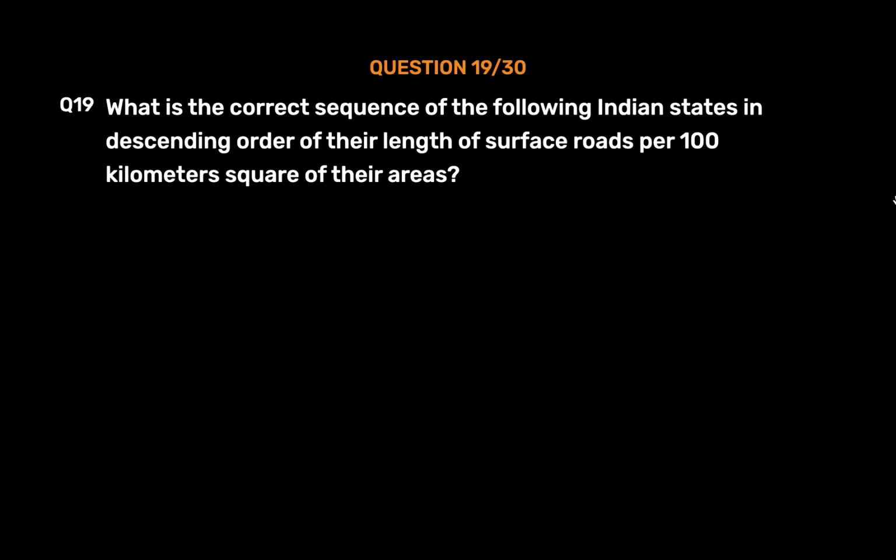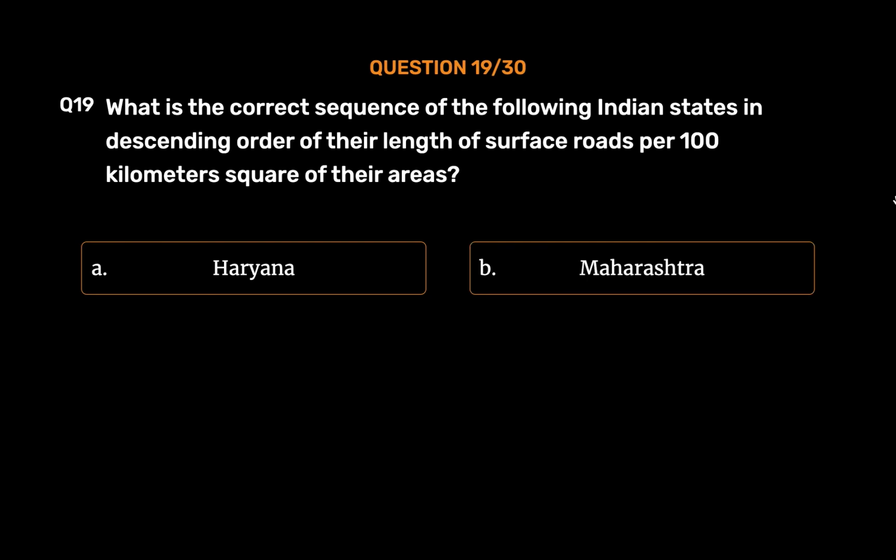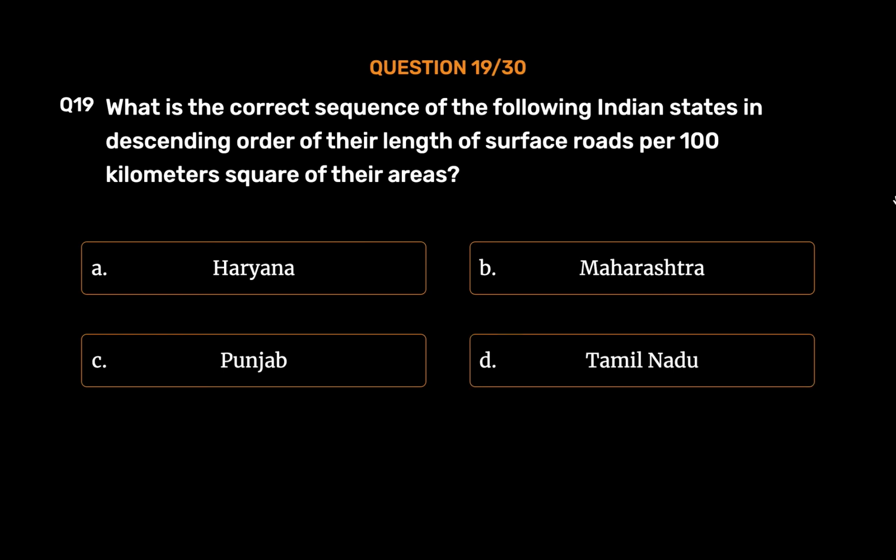Question number 19. What is the correct sequence of the following Indian states in descending order of their length of surface roads per 100 km² of their areas? Option A. Haryana. Option B. Maharashtra. Option C. Punjab. Option D. Tamil Nadu.